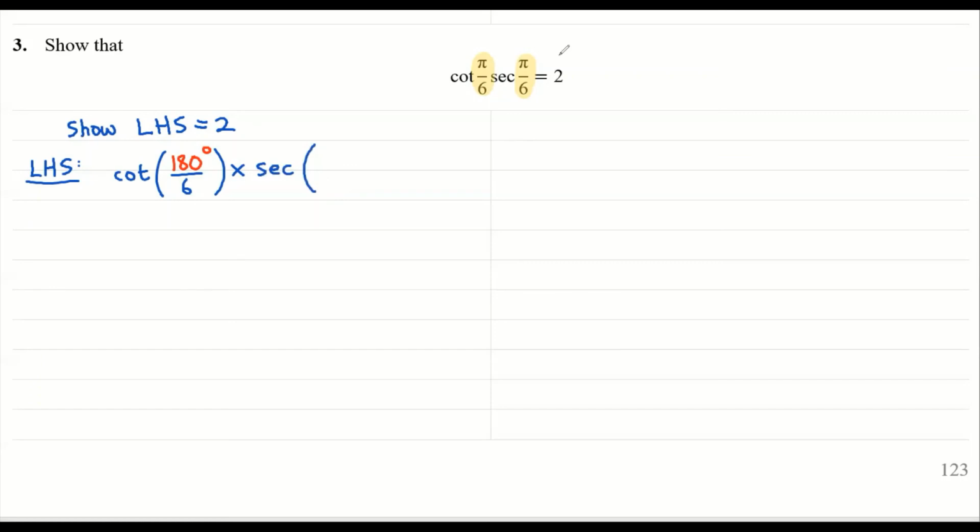So it's going to be 180 over pi. Sorry, I beg your pardon, 180 over 6. So if we do 180 over 6, this is going to be cot of 30 degrees multiplied by the sec of 30 degrees.